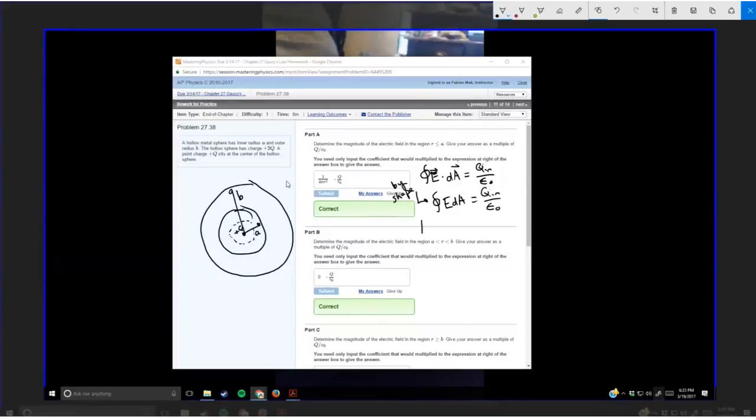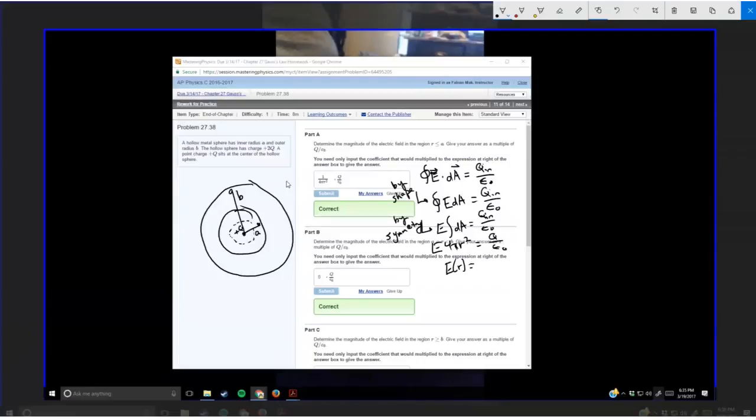Then by symmetry, because every point on the sphere is an equal distance from the center, this E is going to be constant everywhere, so you can pull it out. Essentially this becomes E times 4 pi r squared, the area of that Gaussian surface, and it's enclosing a charge q. Then we just solve for E.